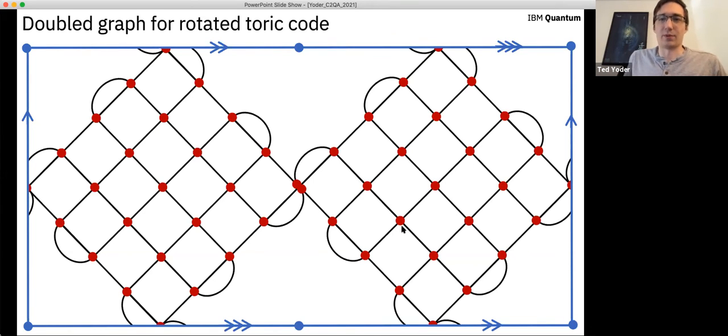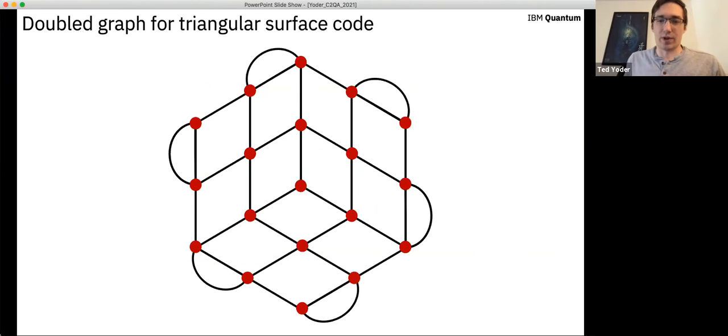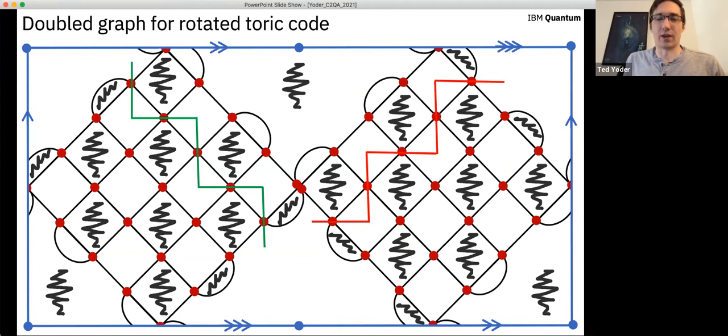There are essentially two copies of the code, and one of the properties of the doubled graph is that it's always checkerboardable, so I'm showing the checkerboarding here. The logical operators of the original code are homologically non-trivial cycles in the decoding graph, shown here in red and green. So this is a way to figure out the logical operators in the non-checkerboardable case and relate them to homological non-triviality.